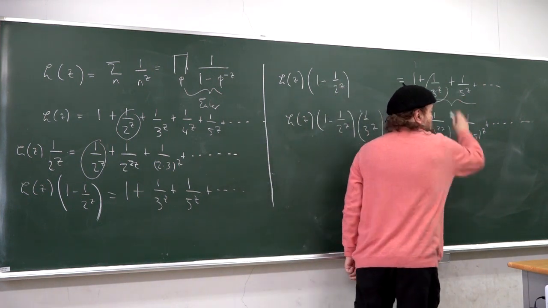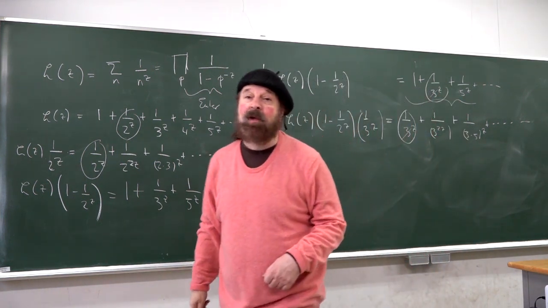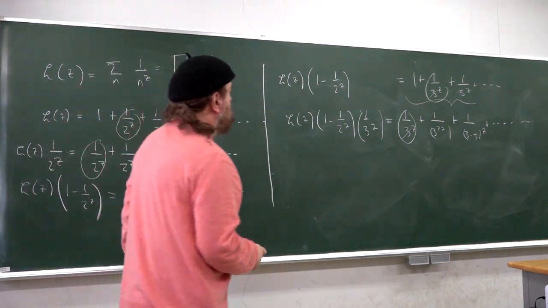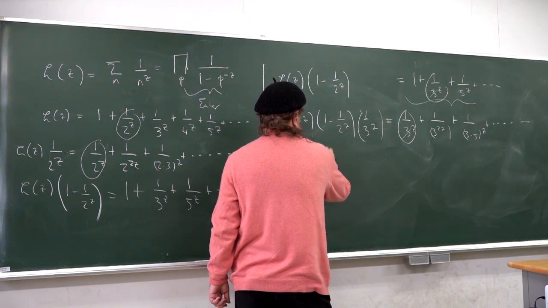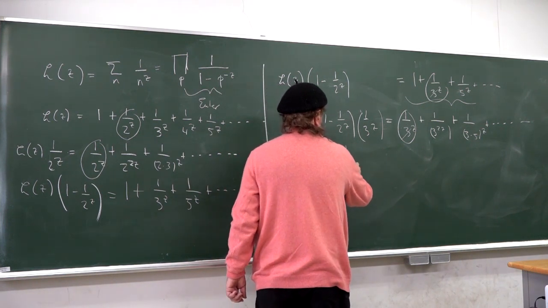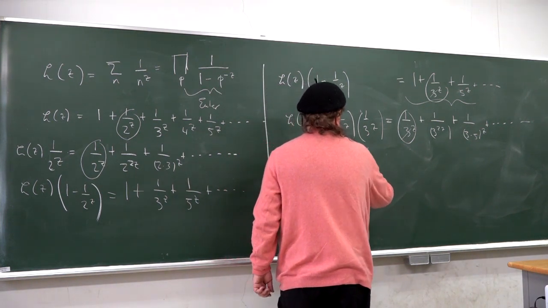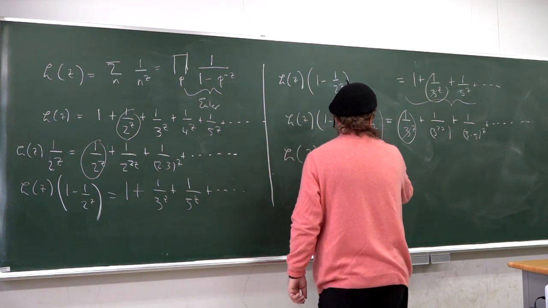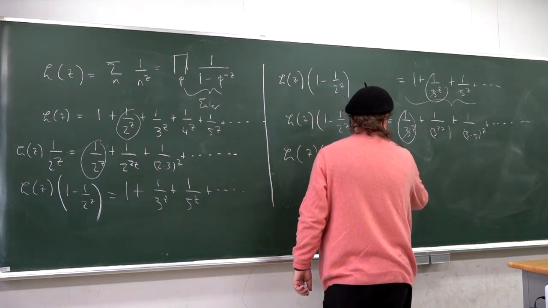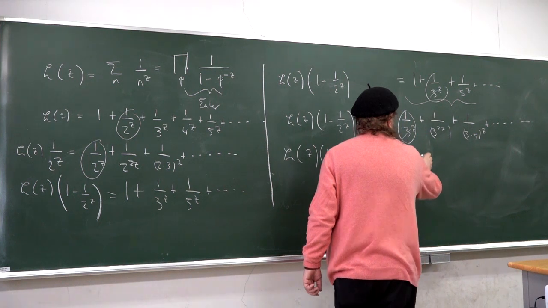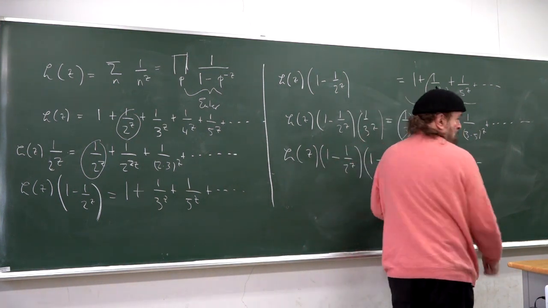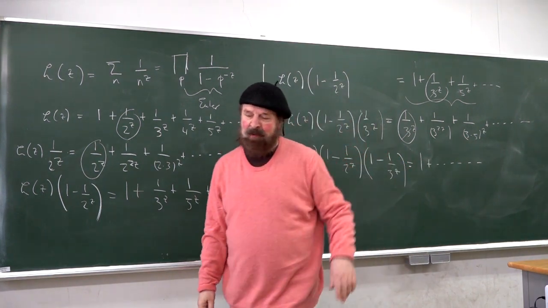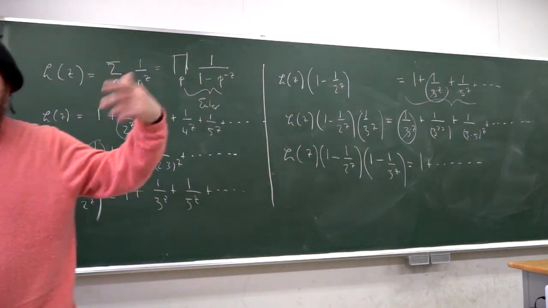So all the terms that contain powers of 3 are going to cancel out. So I'm going to have this: 1 minus 2z, 1 minus this, 1 minus that. So I cancel out everything that has a power of 3. And then you can keep doing this trick over and over and over again.